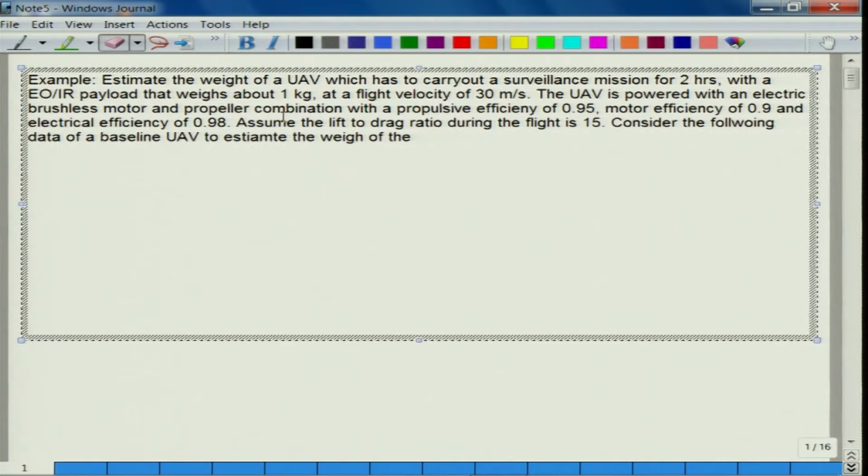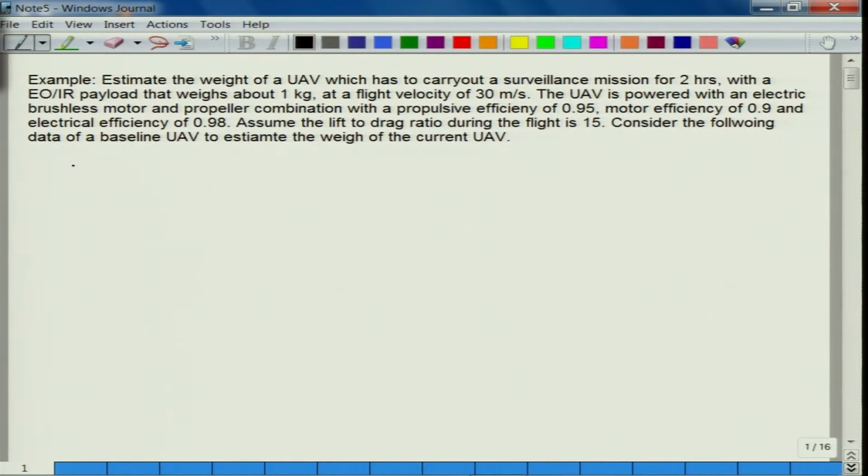The structural weight ratio, W structure upon total weight of the aircraft, is given as 0.4 from the baseline aircraft.